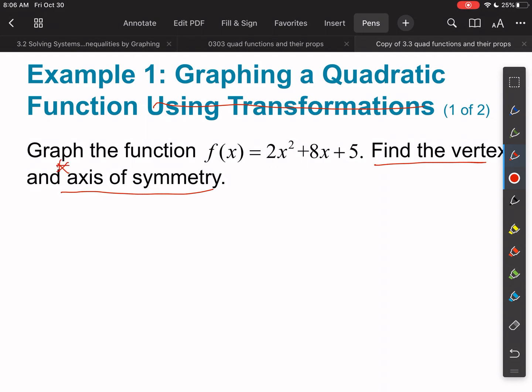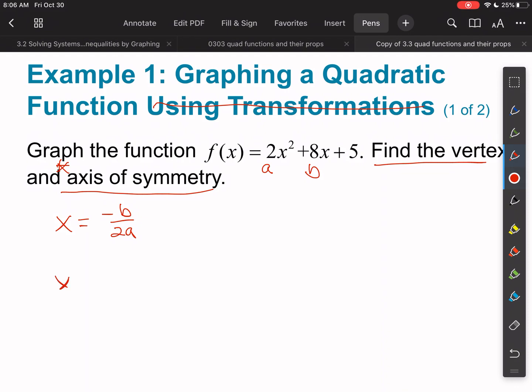All right, so this is not in vertex form, so I could show you how to put it into vertex form, but for now, let's not worry about that. Let's just find our axis of symmetry. So we know that x is equal to negative b over 2a. Here, we can identify that a is 2 and b is 8.